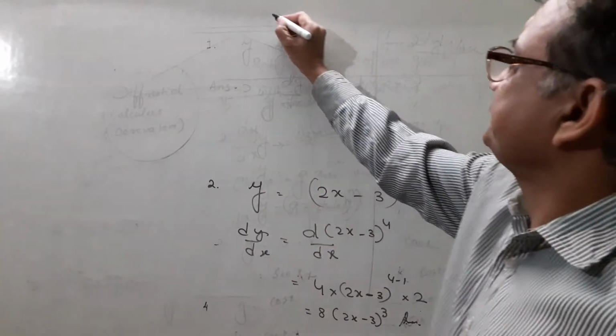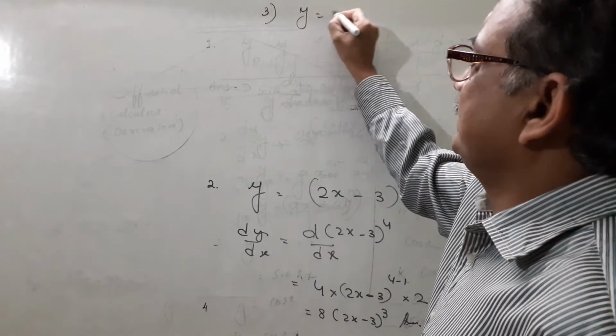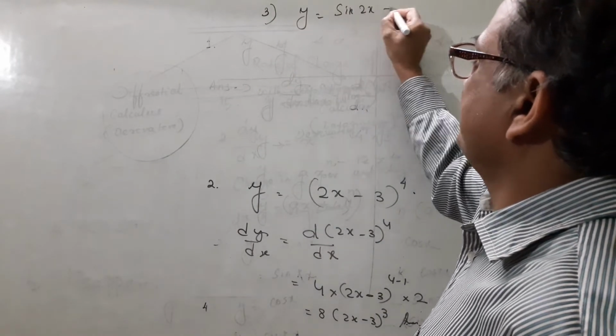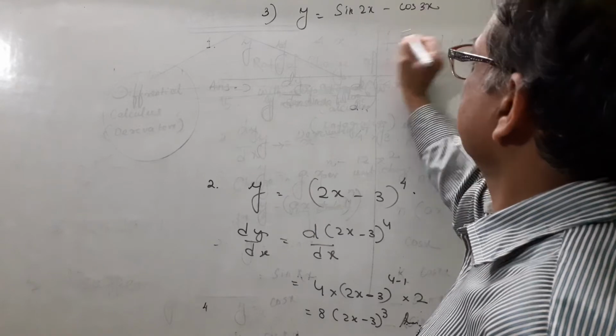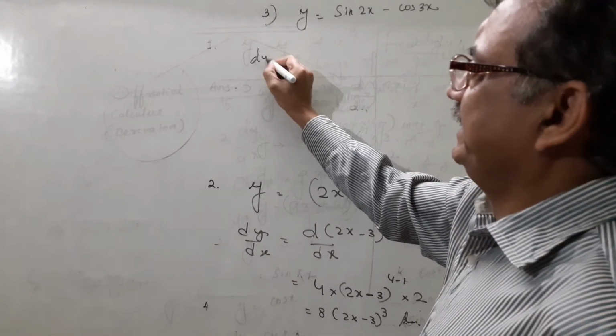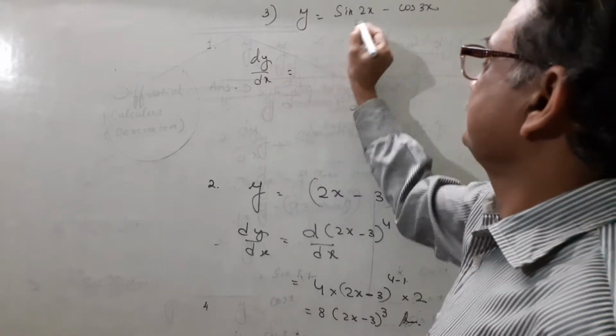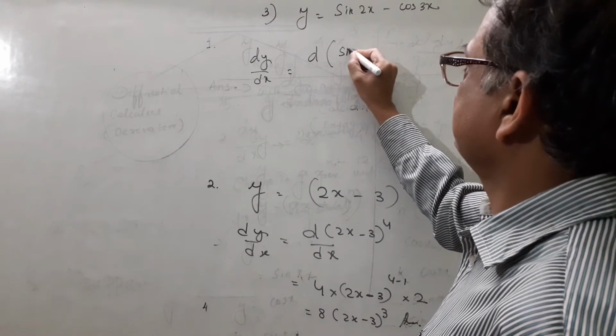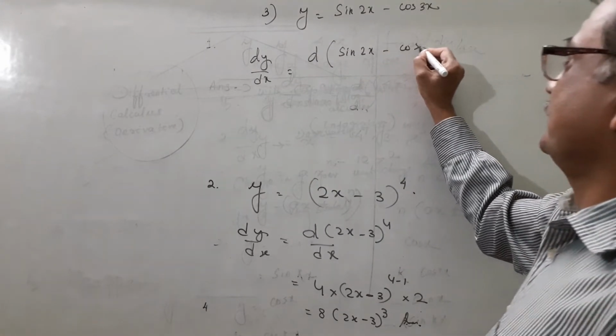Then you try the third one. So y is equal to sine of 2x minus cos of 3x. Okay, so dy by dx equals the derivative of sine 2x minus cos 3x.